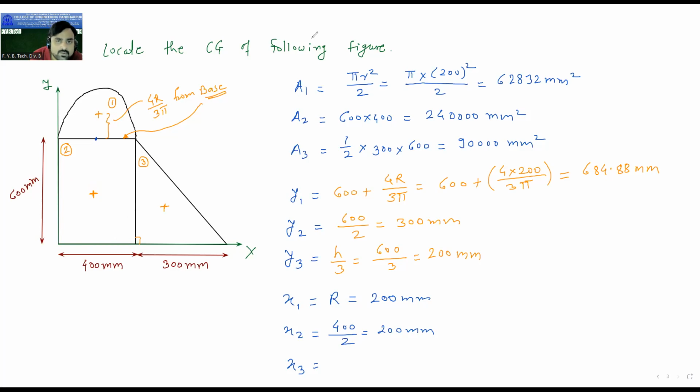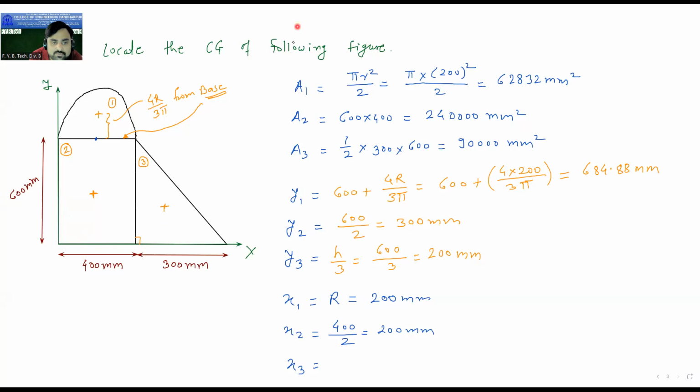And then the last one is this, 400 plus 100. For this one we are having the formula from the right angle. From this right angle, the centroid of this triangle is at a distance of b by 3. It is from the right angle, and the right angle is here at this point, but we want the distance from the y-axis. So in this distance you should add this 400.